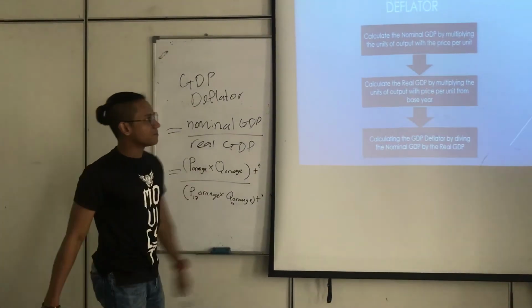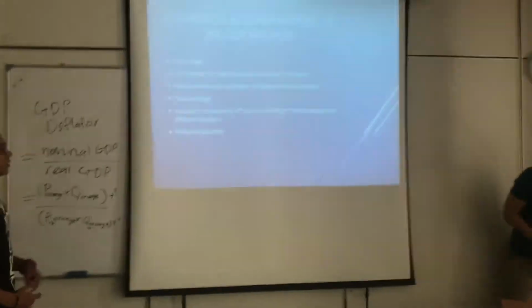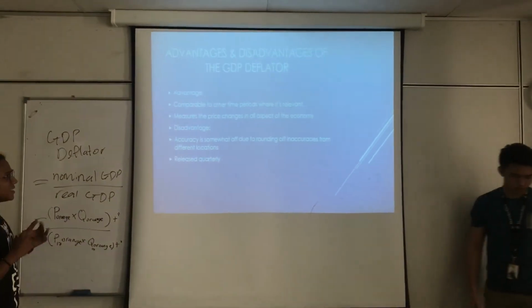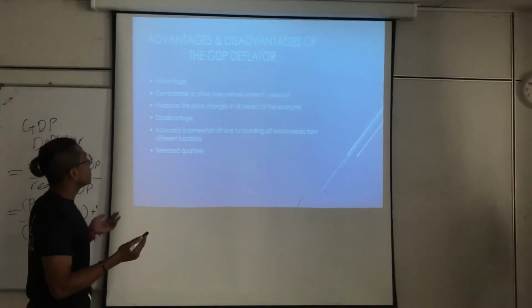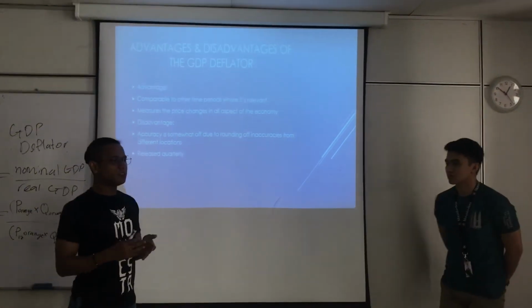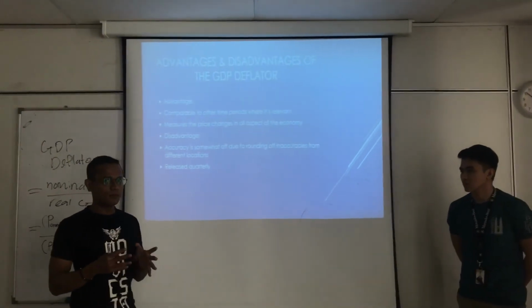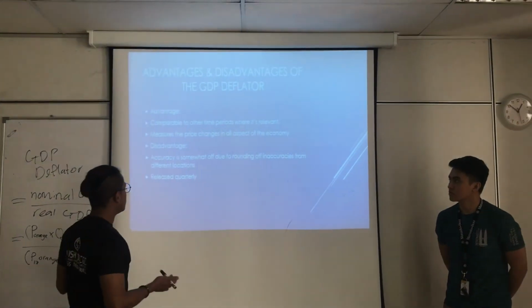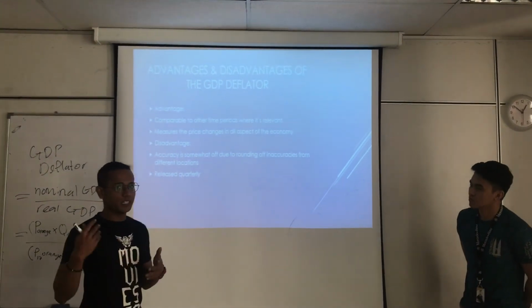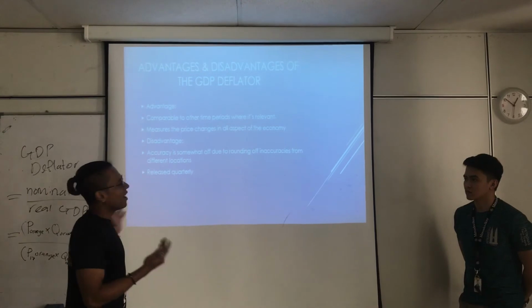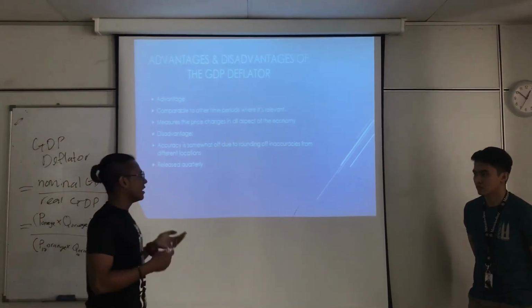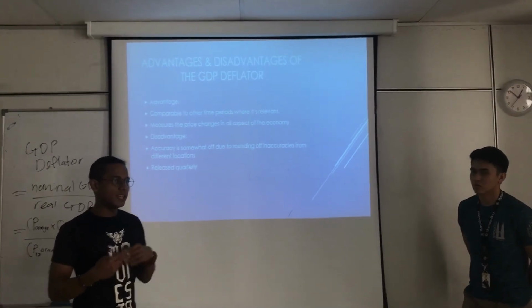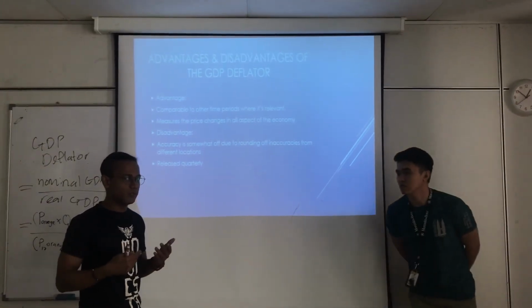And then next one. The advantage and disadvantages of the GDP deflator: GDP deflator is a more stable thing to compare. It is easy to compare GDP deflator across time periods, whether from 1970, 1990, and then compare it to these days, whether you want to know if it's inflated or deflated.